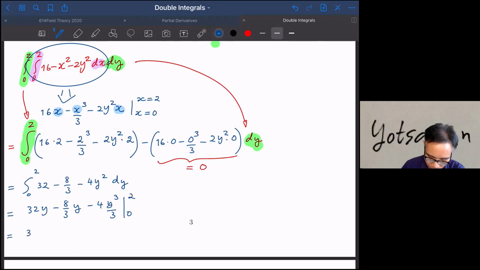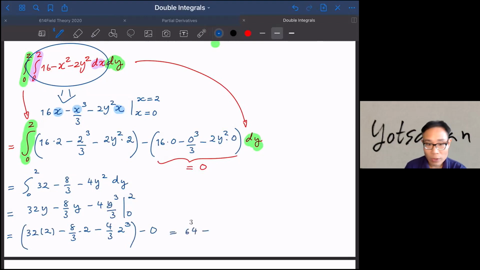So it's going to be 32 times 2, 8 over 3 times 2, 4 over 3 times 2 to the third. This is when y equal to 2, and then you subtract y equal to 0, which gives you just 0, and you just calculate this number. So this would be 64 minus 16 over 3.